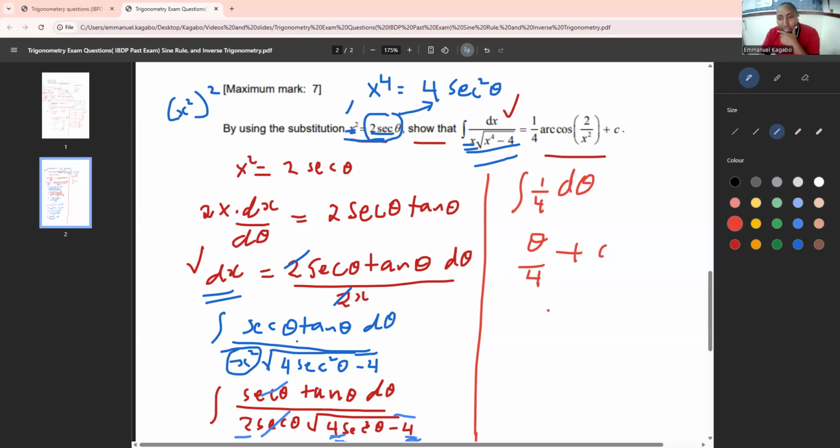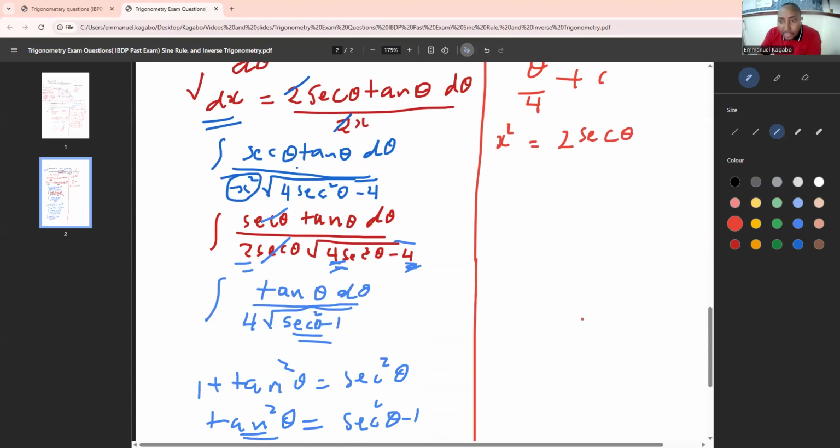Okay, I haven't finished yet, but I'm almost there. The question we are integrating is in terms of x, but I have it in terms of theta. This is what you have to remember: go back to the idea. Where did we start from? We started from x squared equals 2 sec theta, right?